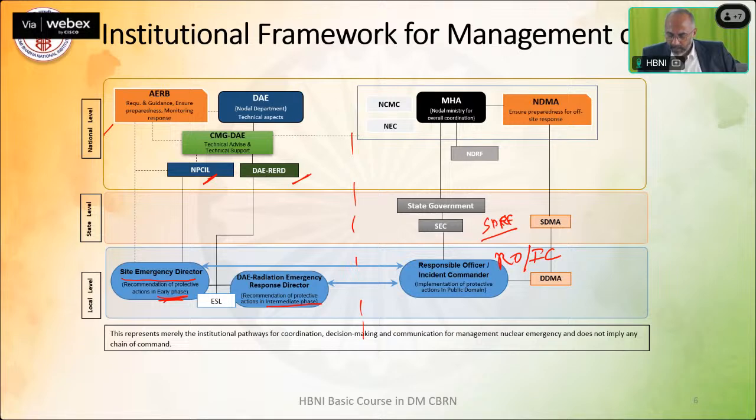The responsible officer will be recommended to implement certain protective actions in accordance with the actual plant conditions. The plant conditions will indicate what level of protection is needed in the public domain, and that recommendation will be given by the site emergency director.